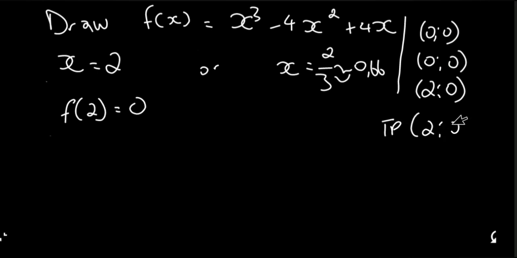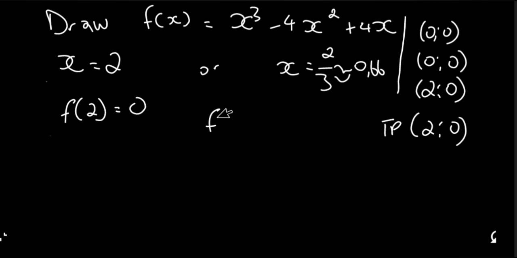2 paired with 0, and another turning point, it's going to be 2 all over 3 cube. Let me put this on my calculator. All over 3. So you're gonna get 32 all over 27.